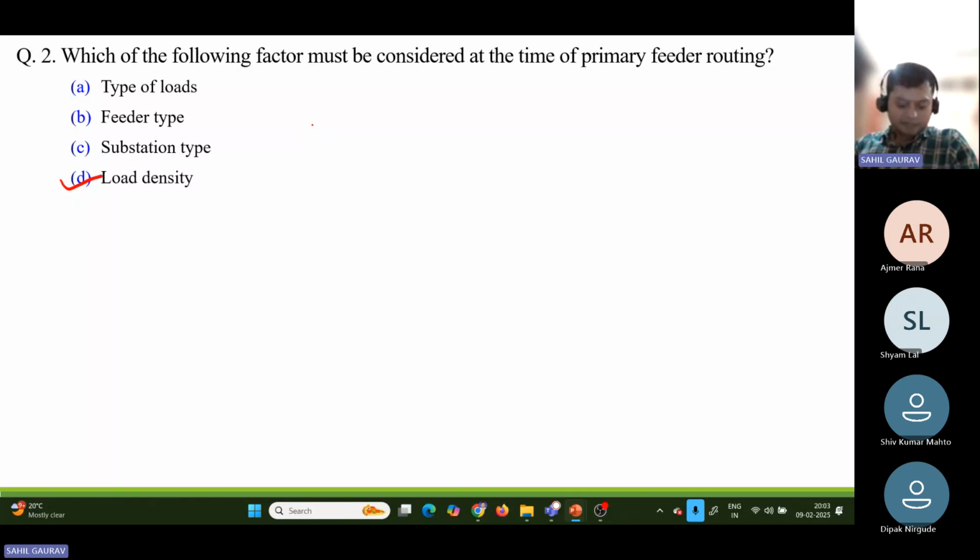So I am writing the factors or decisions that are considered for primary feeder routing.